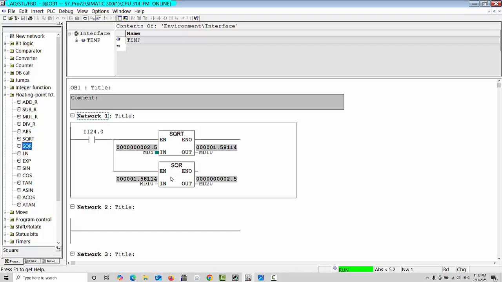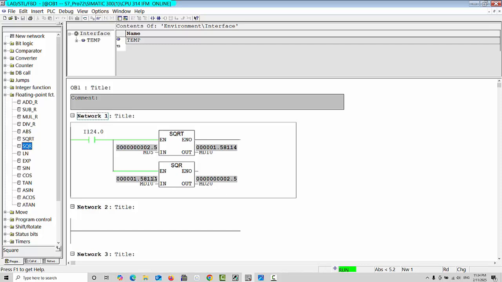And when I use the square command, I put in 1.58, the same value. Like a copy and paste, this value comes automatically to this input and the answer gives the output. You can see the answer is the same.